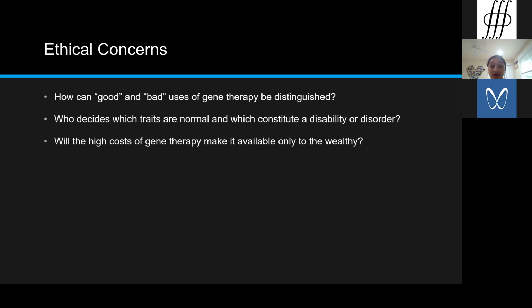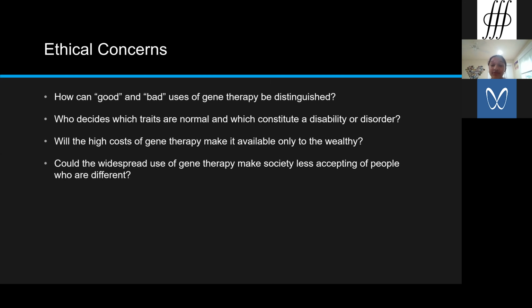Also, will the high costs of gene therapy make it available only to the wealthy? Right. So, as I was mentioning earlier, gene therapy is not only very experimental, but it's very costly. So if it does become available to the public, will only people who are able to afford it be able to get gene therapy?